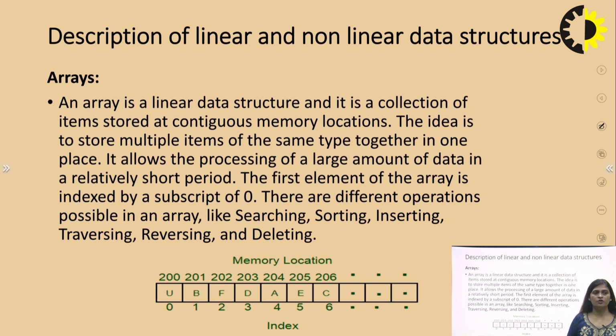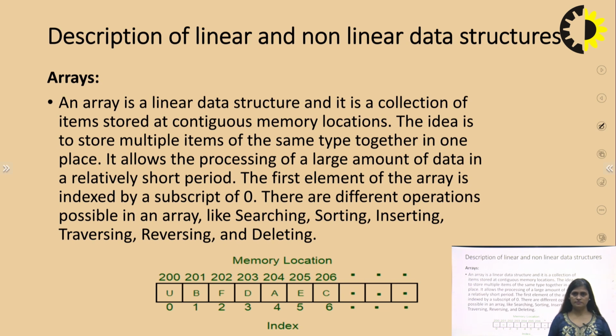There are different operations possible in an array, like searching, sorting, inserting, traversing, reversing and deleting. Sorting means to arrange the data in ascending or descending order. Inserting means you input or insert data in the array.